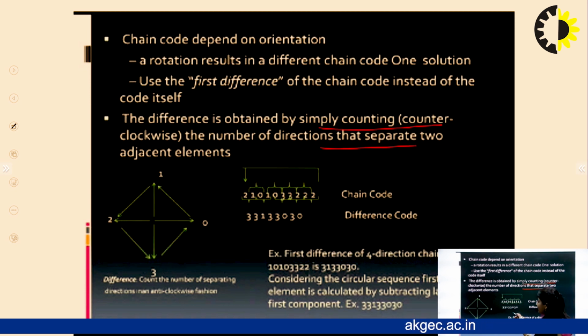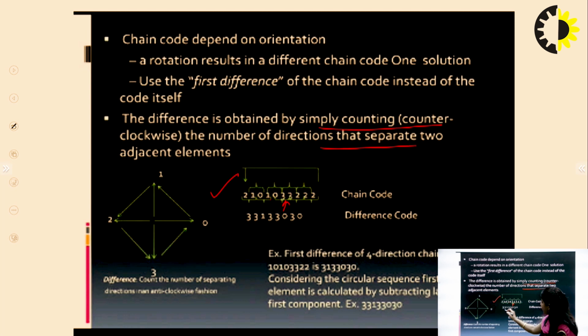From this shape, this is the chain code: 2 1 0 1 0 3 3 2 2. Starting from here, this is 3 3 3, and then these numbers will be written here, 3 3. Then we circulate clockwise.